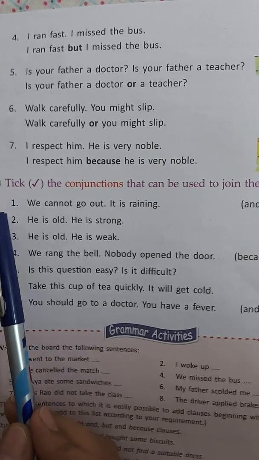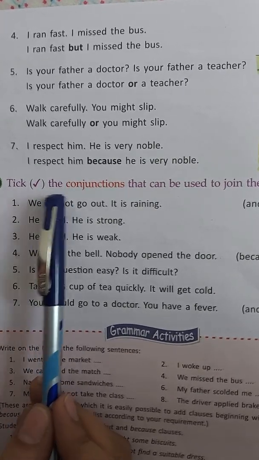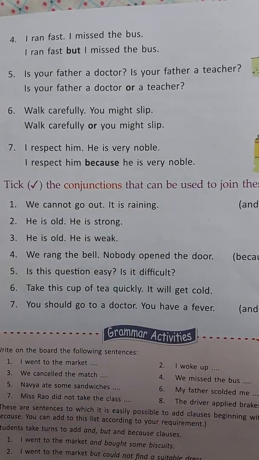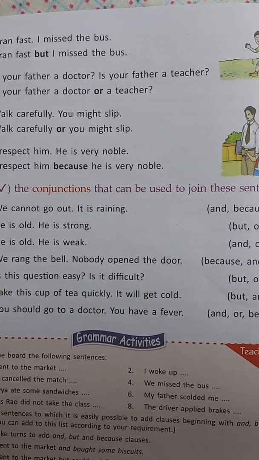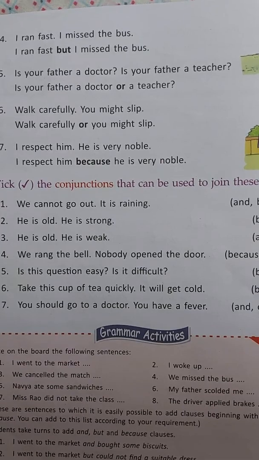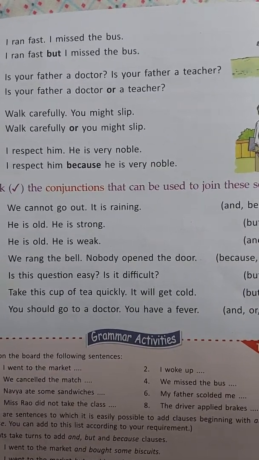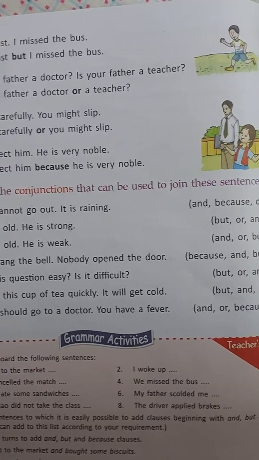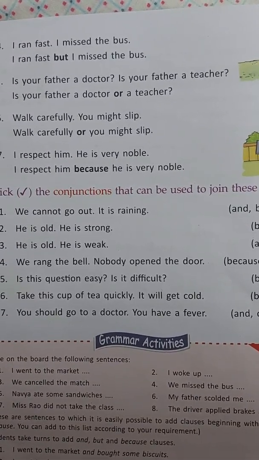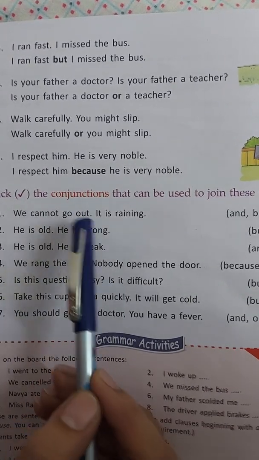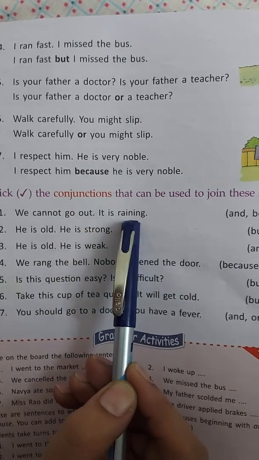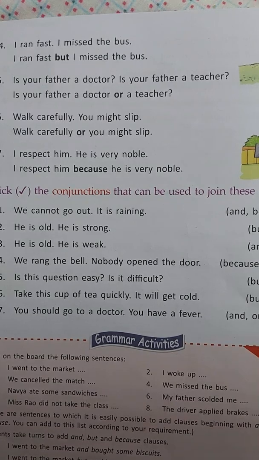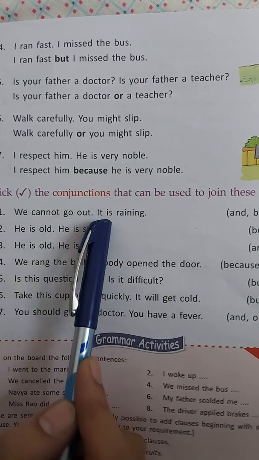Now, the next exercise is you have to tick the conjunctions that can be used to join these sentences. The sentences are given and you are given options to choose from. Let's read the first one. We cannot go out. It is raining. Why can't we go out? What is the reason? The reason is that it is raining.